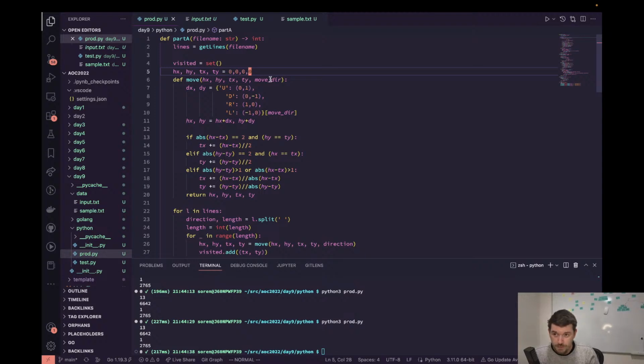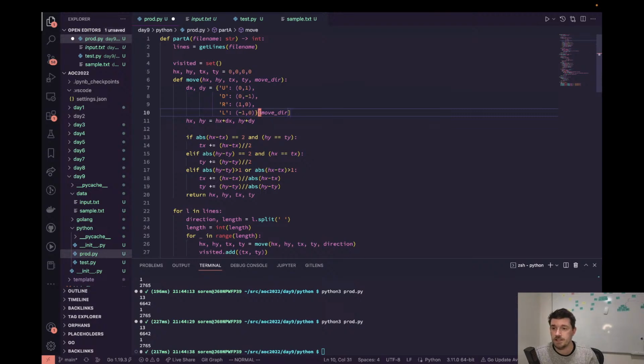So the move part is, okay, let me make it a little more readable like that. These are the 4 directions, U, D, R, and L: up, down, right, and left. If you want to go up, that means your delta X and delta Y are going to be 0 and 1, 0 and -1, 1 and 0, -1 and 0.